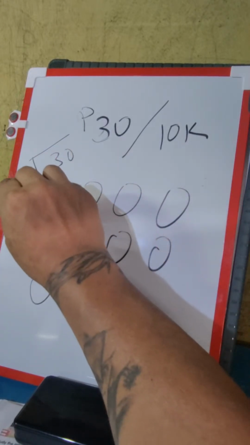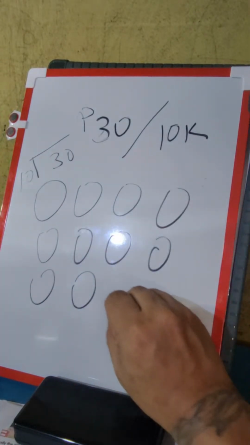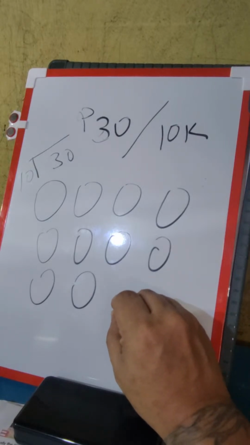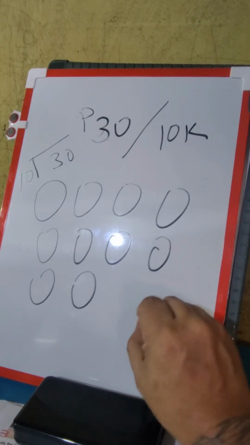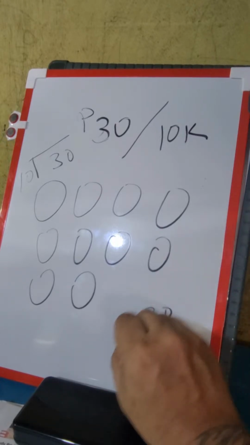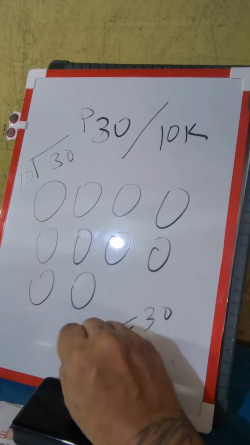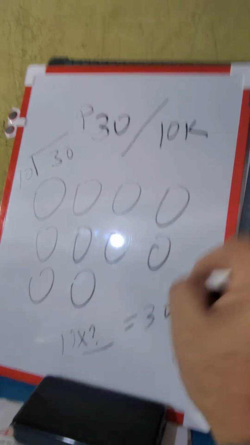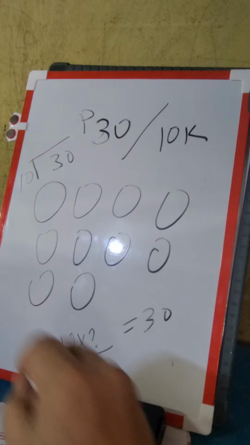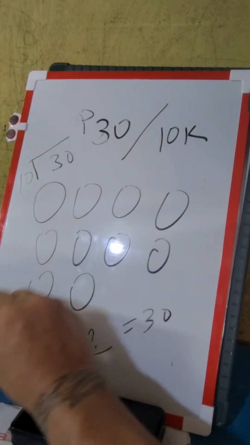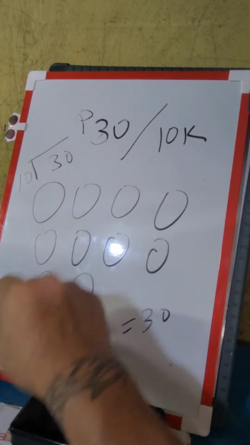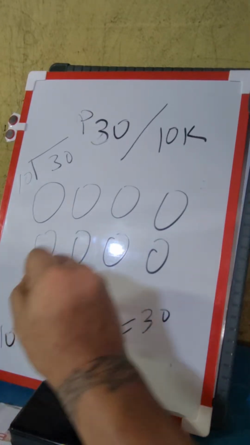So what number? Let's see if I don't mess this up. 30 equals 30. So 10 times what equals 30? So let's go 10. 20.